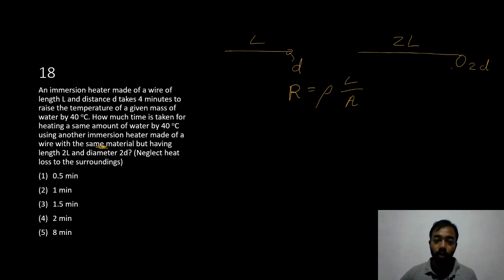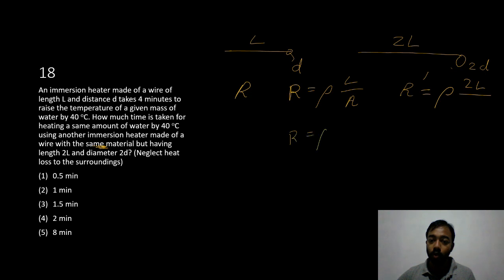If the resistance of this wire is R, and here the resistance is R dash, you can write R is equal to rho L over A, which is rho L over pi D over 2 squared, and R dash is equal to rho 2L over pi 2D over 2 squared.